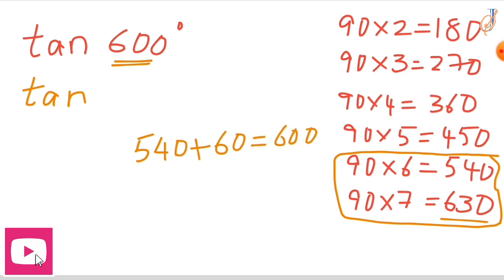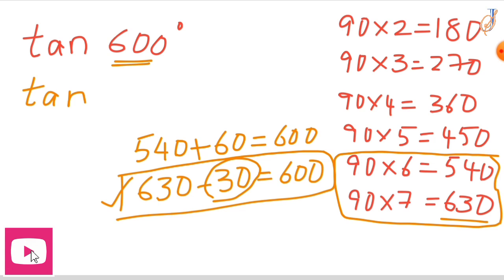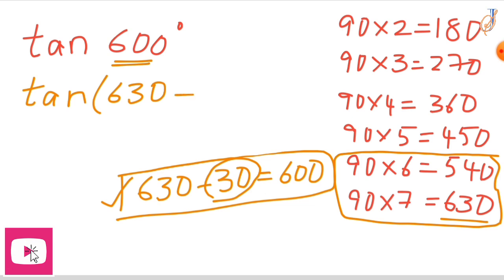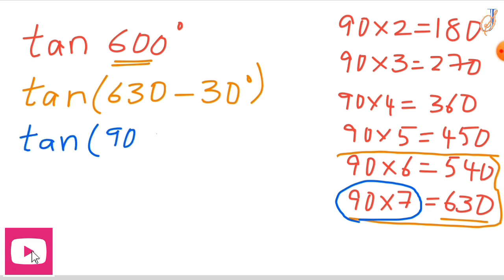For 630, if you subtract 30, then you will get 600. So which is the nearest one? 30 is the nearest one. So 630 minus 30 is the nearest one, and you need to take this nearest value. So 600, you need to convert to 630 minus 30 degrees. 630 is nothing but 90 times 7. So you just write tan of 90 times 7 minus 30 degrees.